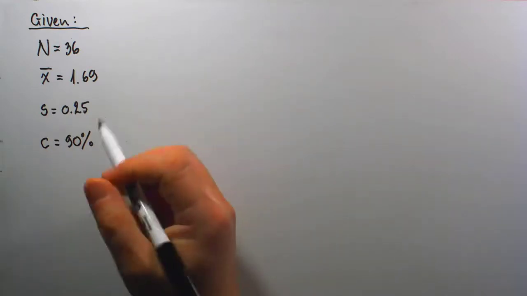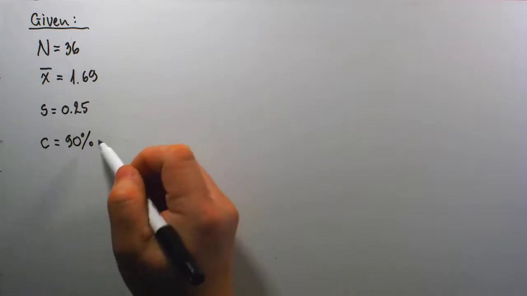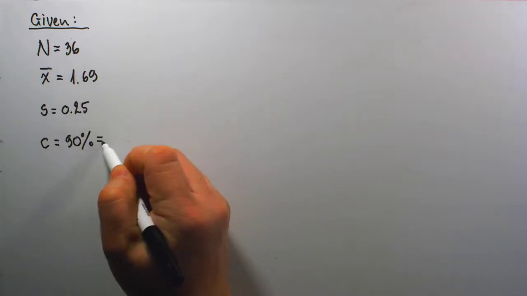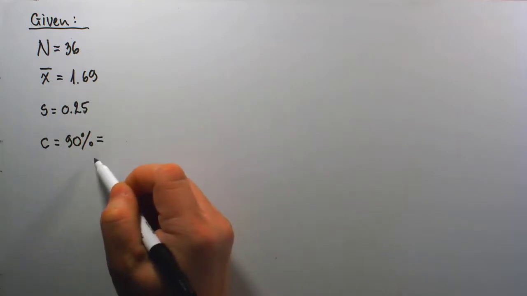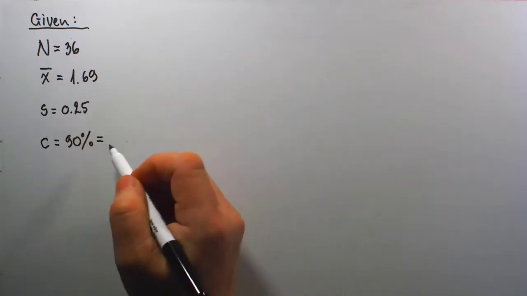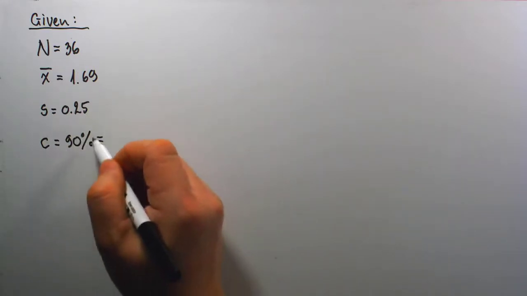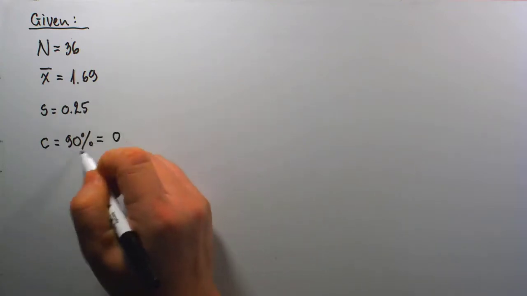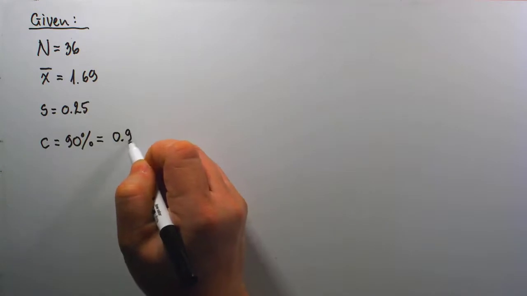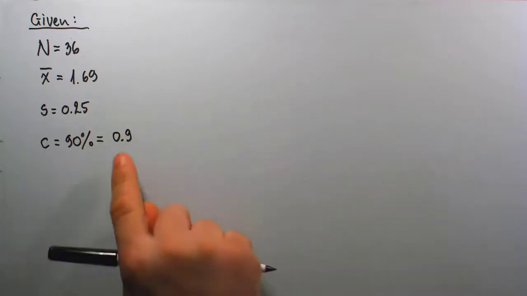But then, just to be a little bit ahead here, that's the way confidence level is commonly indicated throughout the worded instruction of the problem, but when we actually use it in the calculation, this confidence level will always be used as a decimal. So 90% is better written as 0.9 in decimal.